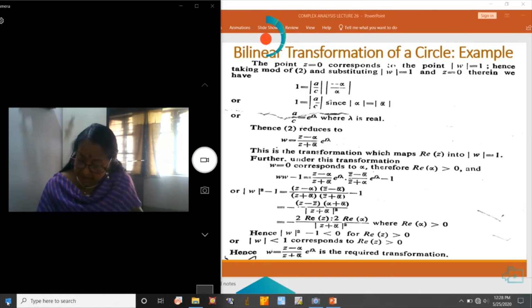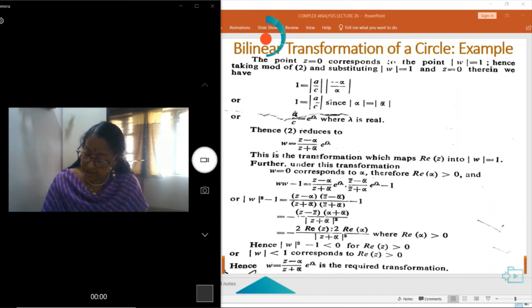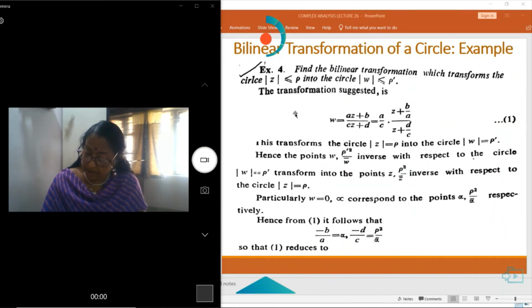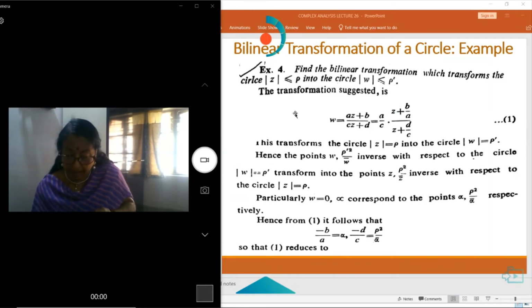Now, take another example. Find the bilinear transformation which transforms |z| less than rho into the circle |w| less than rho dash. Here the values are rho and rho dash, where rho dash is greater than 0.